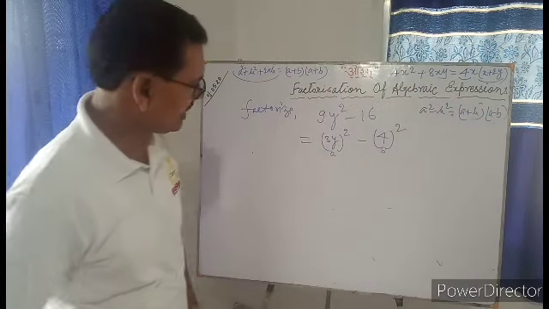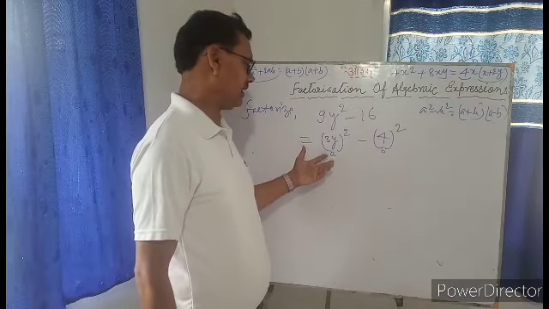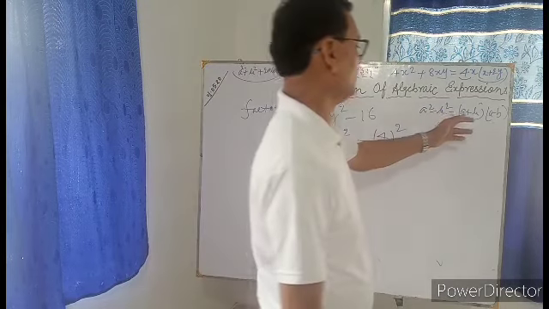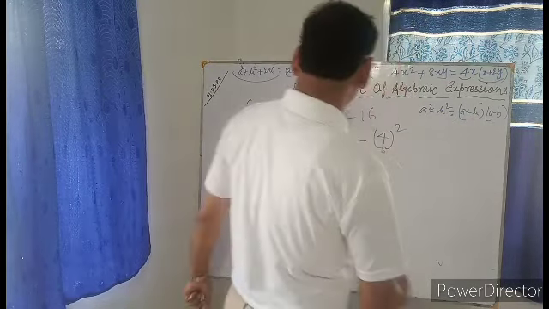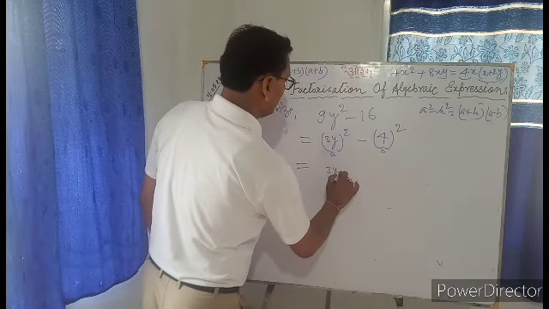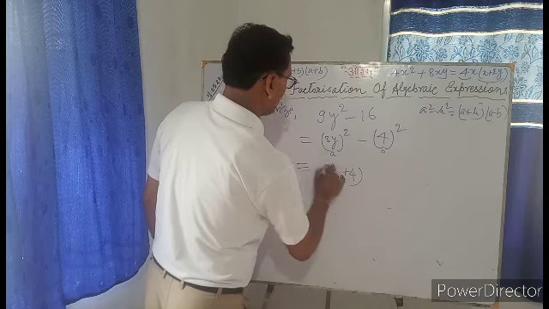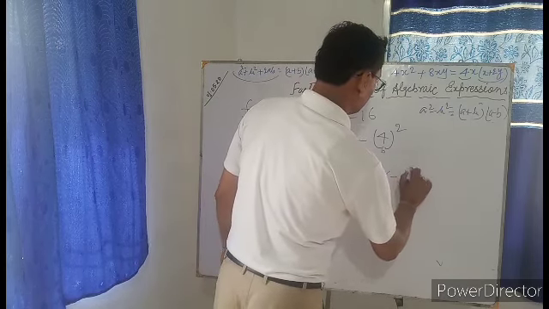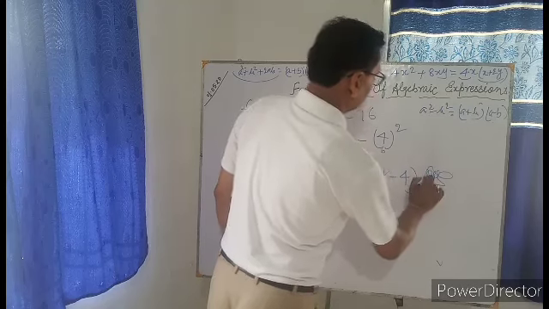Okay, so see, it is based on a square minus b square, so it is equal to a plus b into a minus b. What is a? 3y. What is b? 4. So (3y plus 4) into (3y minus 4). Very simple.